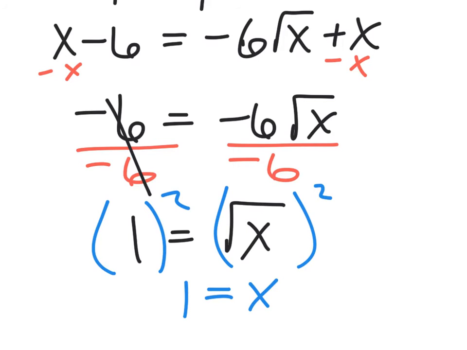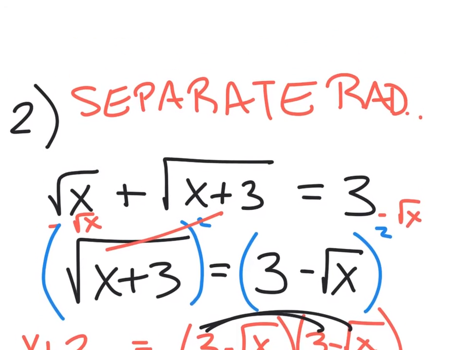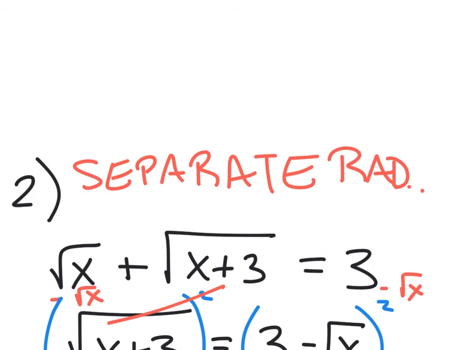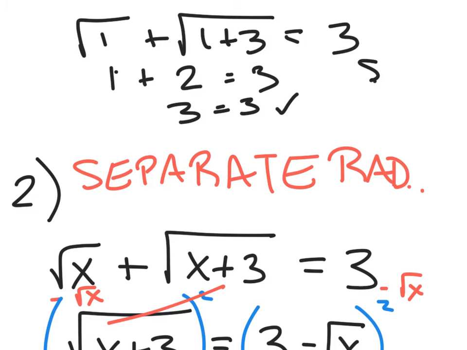So I'm going to go back and check x equals 1. I'm going to check up here actually. So radical 1 plus radical 1 plus 3 equals 3. Well, the square root of 1 is 1. That's really 4, and the square root of 4 is 2. And I would say 3 equals 3. So I know my solution 1 does check.